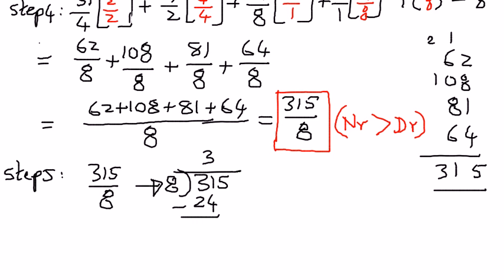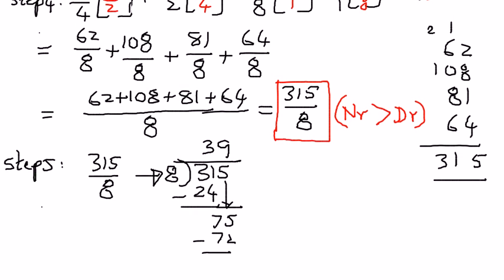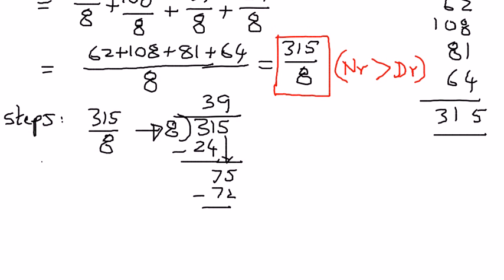Therefore, when we subtract 24 from 31, we are left with 7, and then we carry over this 5 here, and then we're going to repeat this process. 8 times what number is equal to or less than 75? 8 times 9 is 72, and when we subtract 72 from 75, we are left with the number 3.